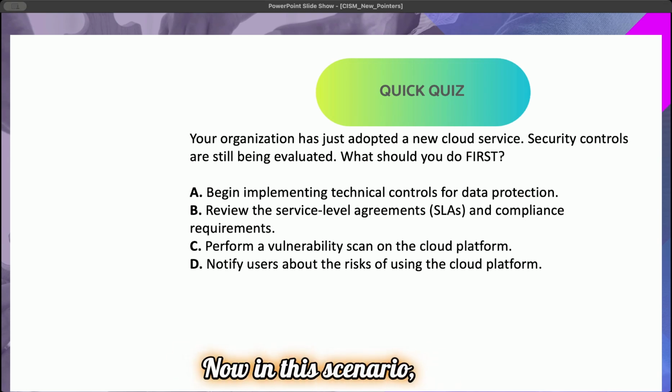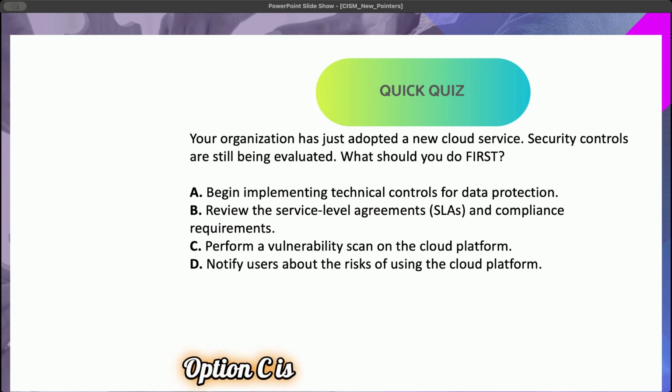Now, in this scenario, a new cloud service has been adopted, security controls are still being evaluated, and they are not finalized or implemented yet. And you are asked, what should you do first? So, option A sounds technically good, but it's premature, and you risk duplicating controls or breaching terms.